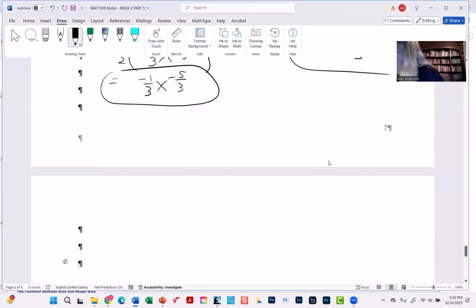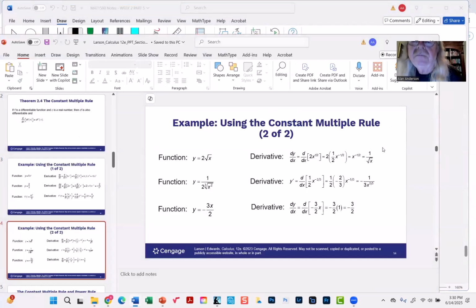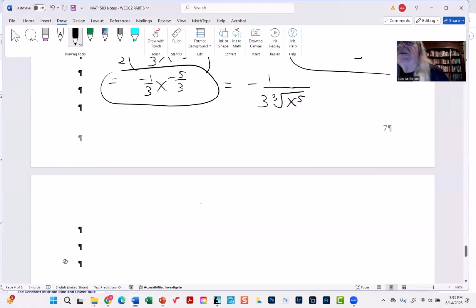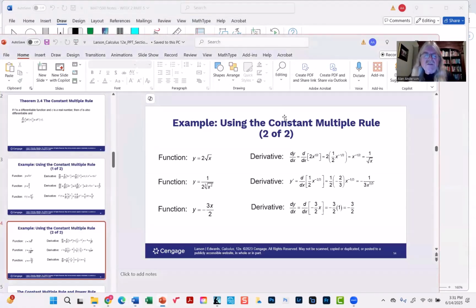They've chosen to write it like this, minus 1 over 3, because it means the same thing. They just wrote it with 5/3, but it's the same thing. And then this last one is simply minus 3x over 2.